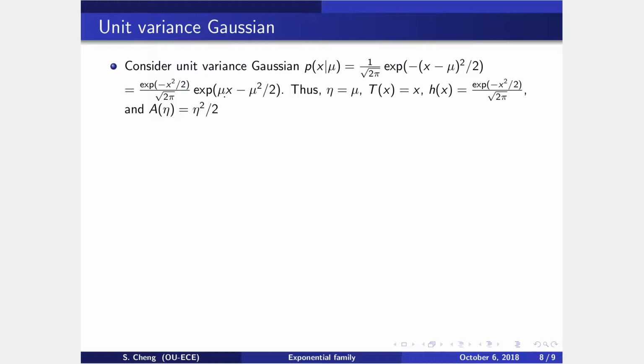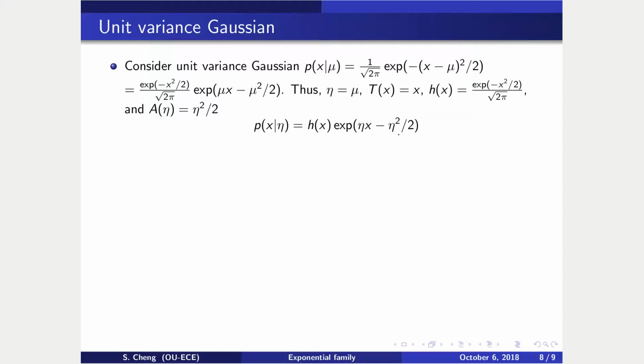Since mu is just eta, it's better to write everything in terms of eta. So the PDF is now p(x given eta), with the canonical form like this.